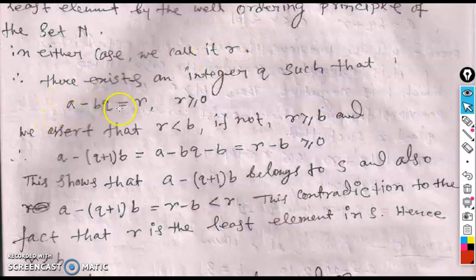So we can write a minus bq equals r, where r is the least element of the set we constructed.